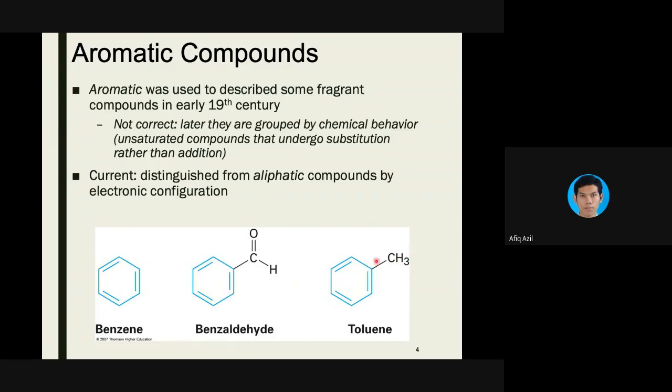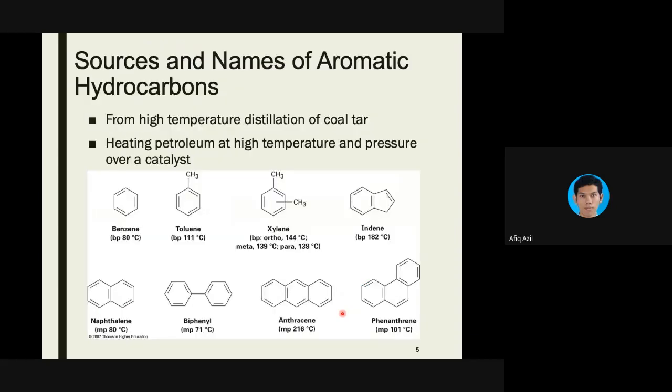And here it has one methyl group attached to the benzene structure. It is known as toluene, or it can also be known as methylbenzene.